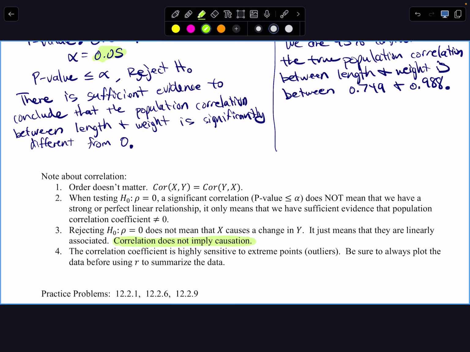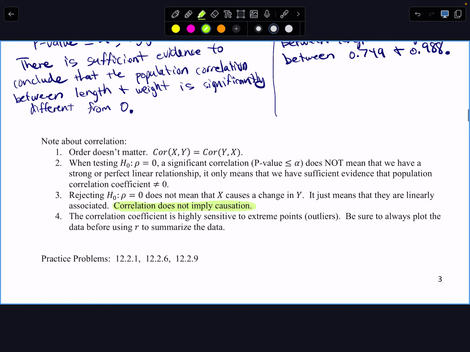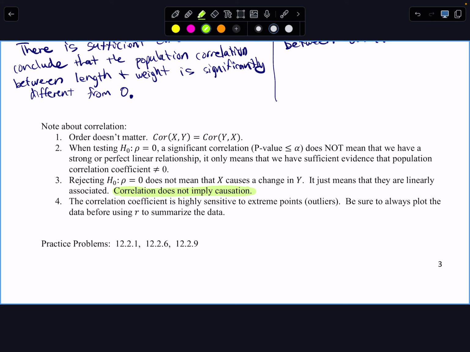So what you'll usually do in practice is you'll take that data point out and calculate your correlation coefficient, because it's going to mislead some things. All right? So that is all with your correlation coefficient. Any questions?